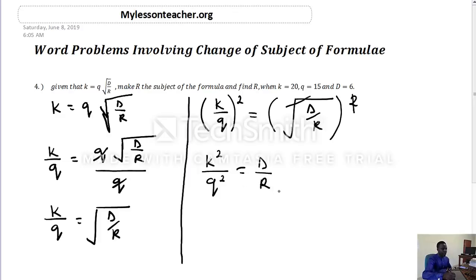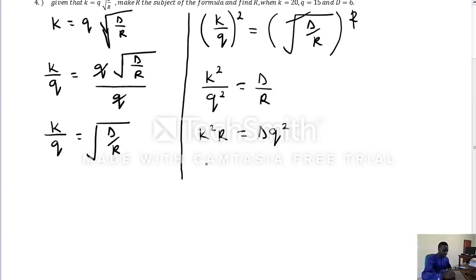I'll therefore cross multiply and simplify for R. When you cross multiply, you are going to have K squared R is equal to DQ squared. And in order for us to make R the subject of the formula, we divide both sides by K squared. That will give me K squared R divided by K squared is equal to DQ squared divided by K squared.